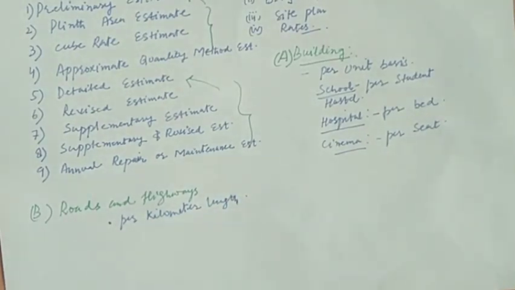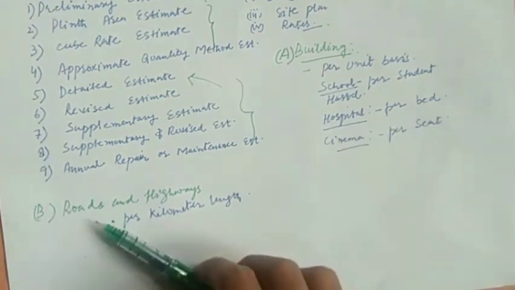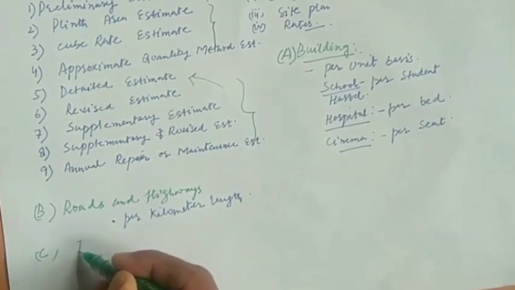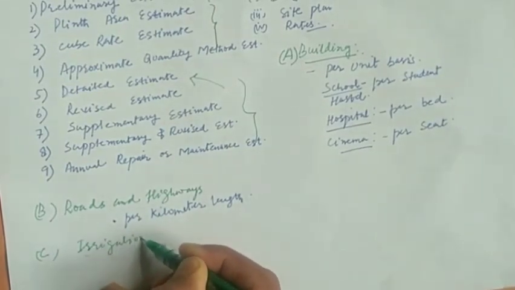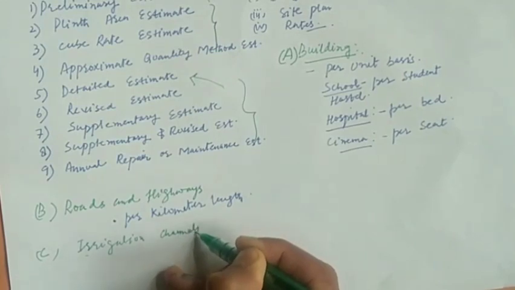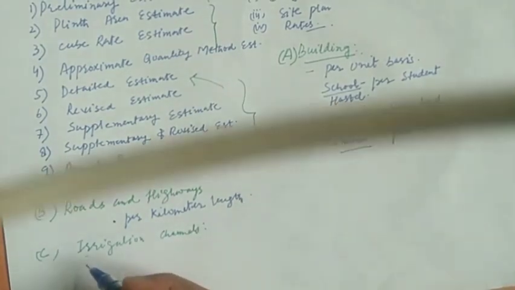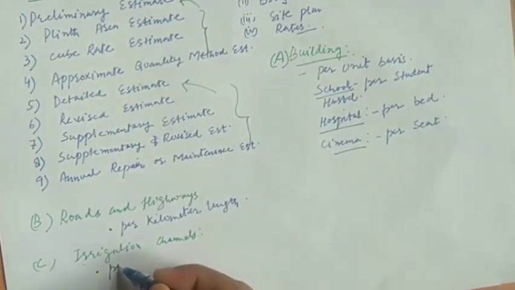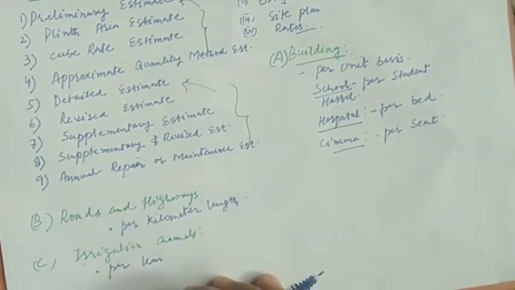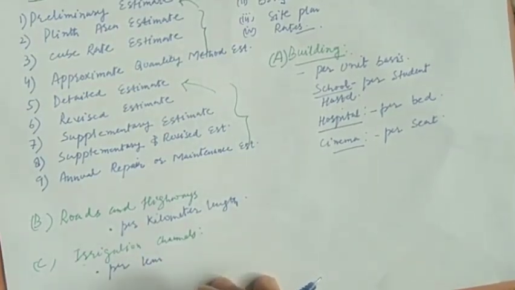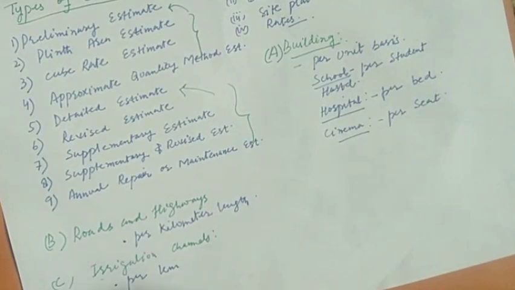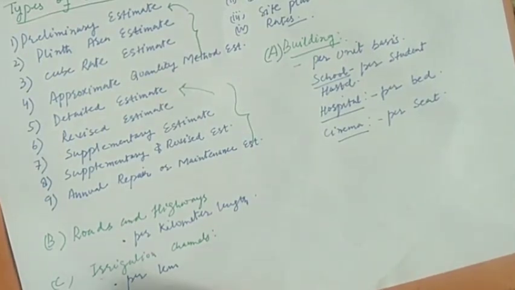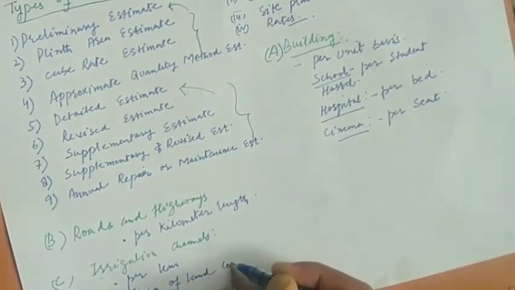Similarly, if we have irrigation channels, it will be made on the basis of per kilometer depending upon the capacity of the channel, or in case of an irrigation canal, it can also be made on the basis of the area of land commanded.